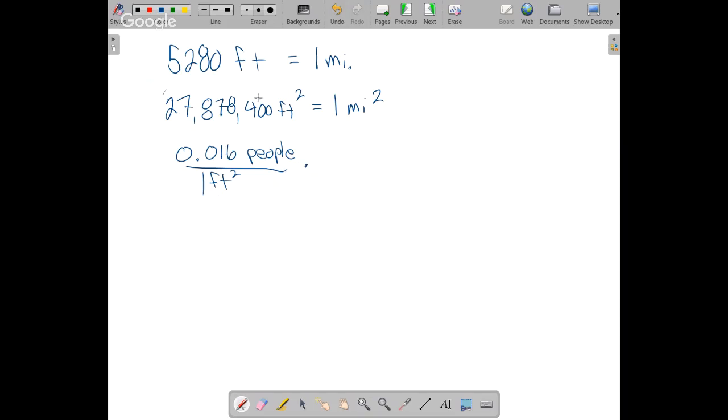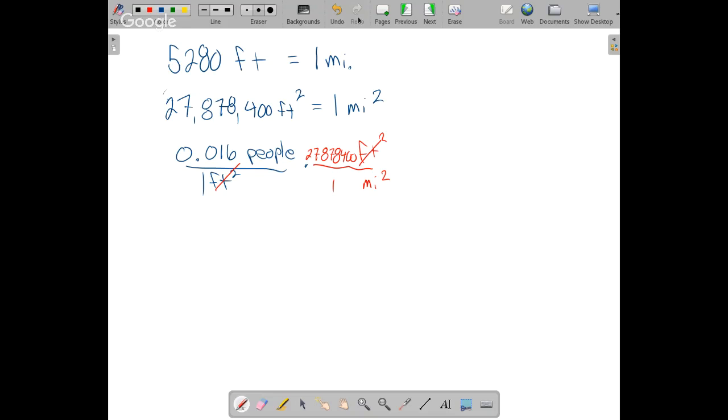So I want to do a conversion here where I get rid of feet squared, so it has to go on the top, squared, so square miles has to go on the bottom. 1 square mile is 27,878,400. So this tells me that if I want to convert per square foot to per square mile, I would have to multiply that 27 million number times my fraction of people in a square foot.